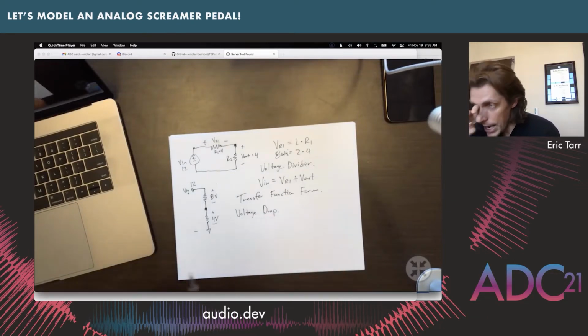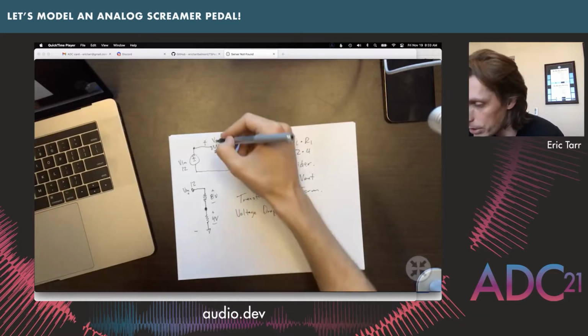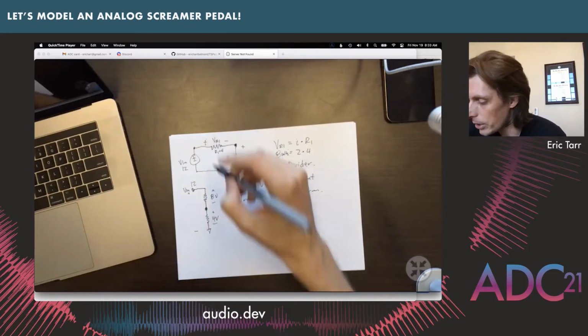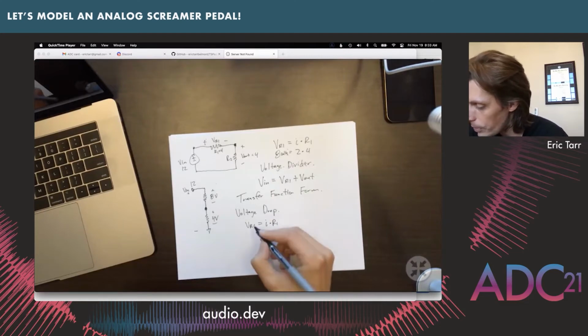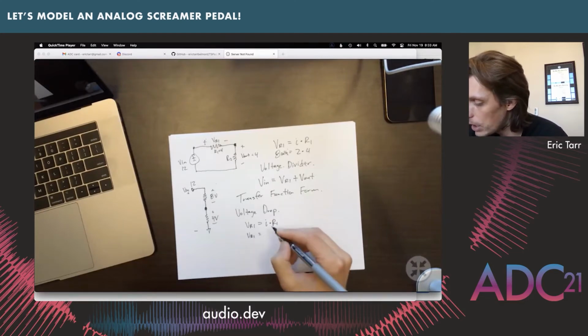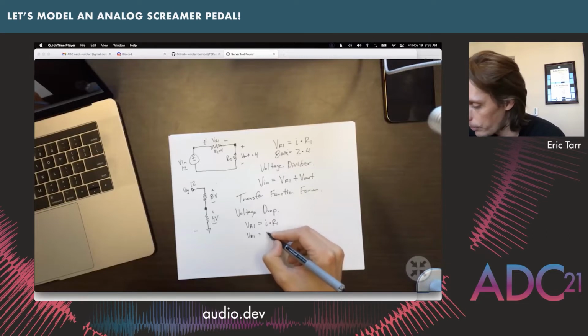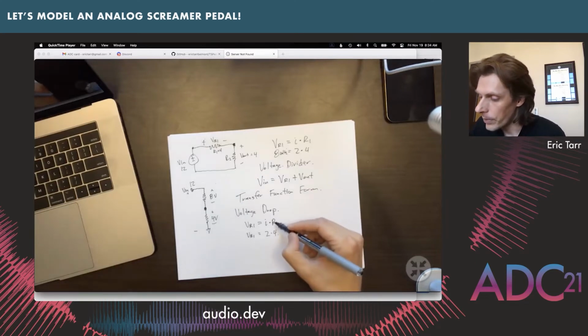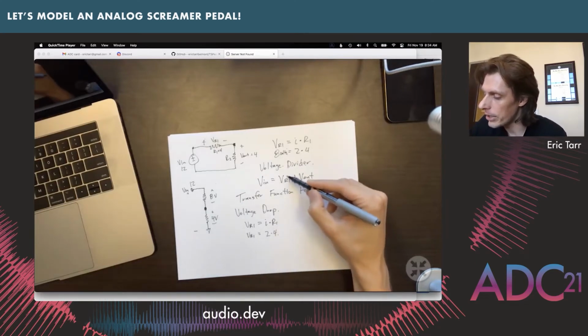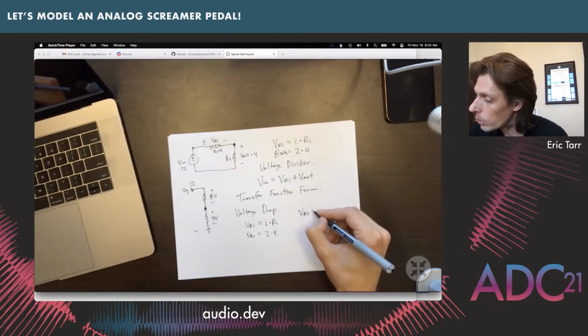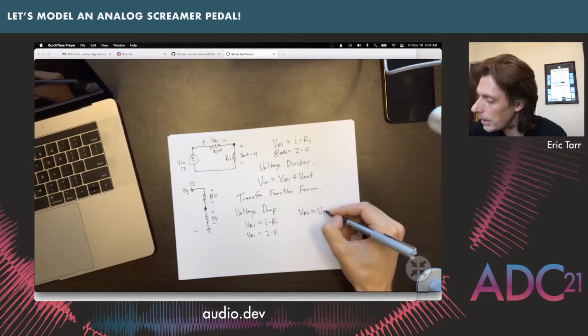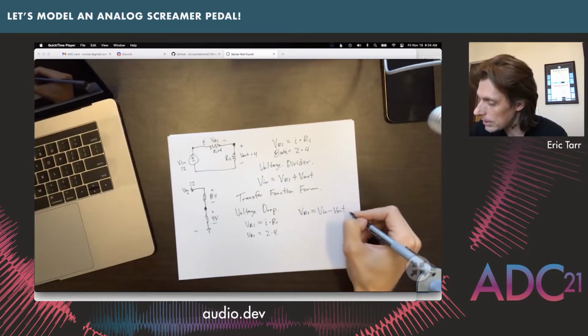So let's say we have the current going through this resistor right here. We have VR1 equals the current I times R1. So VR1 is equal to 2 times 4, like this. We also know from this equation right here that VR1 is equal to, if we rearrange this, Vin minus Vout, like this.